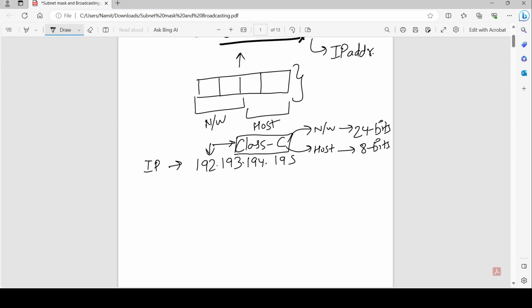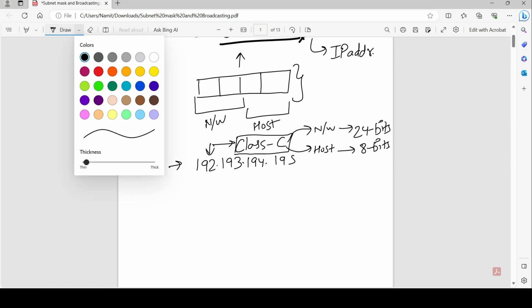So if I break down this IP address, it would look like this. For the network, I am going to use one color, blue.